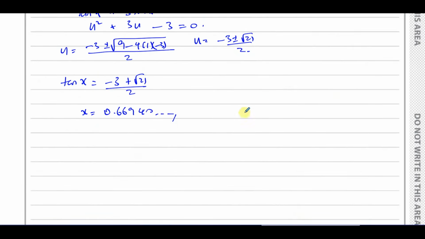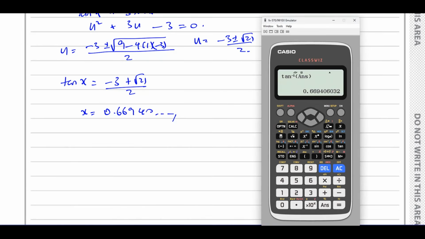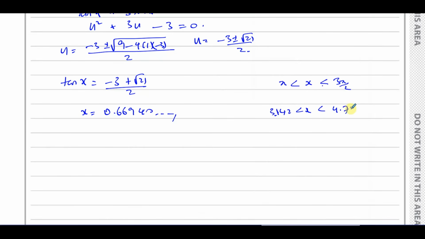I hesitate there a bit because it wasn't the right answer, but we forgot something there. Remember, it's not in our range. Our range is from pi, which is 3.142, up to 3 pi over 2, which is 3 times pi divided by 2, which gives us 4.712. So I'm going to take this answer, and for tan it's easy, just add pi to it.